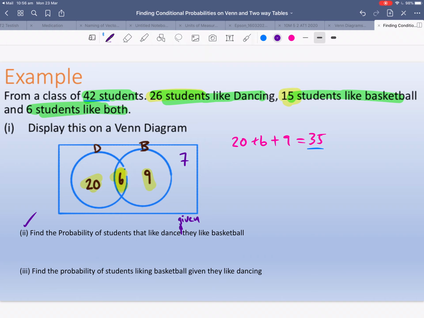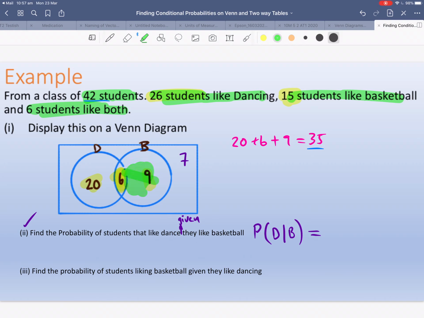We can write this using our notation: probability of dance given basketball. What we're doing is making our universe smaller. We're only looking at students that like basketball, so only this circle here.